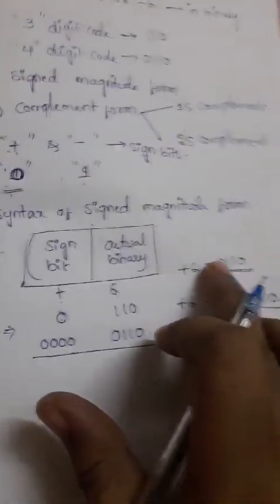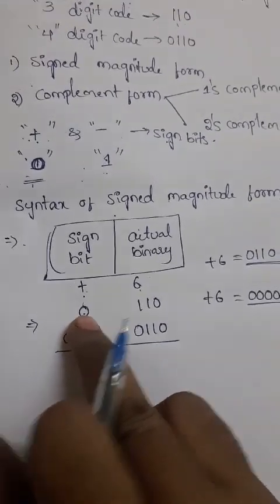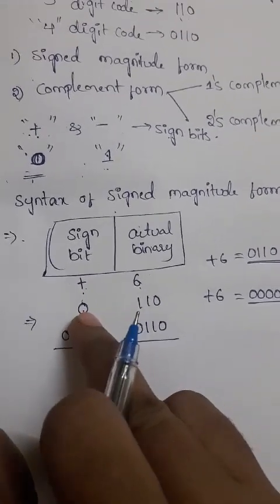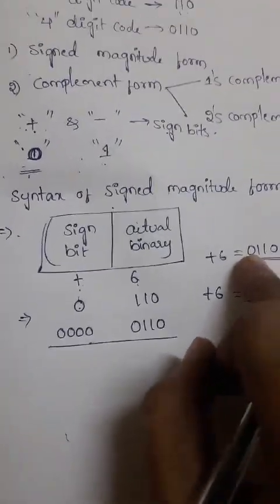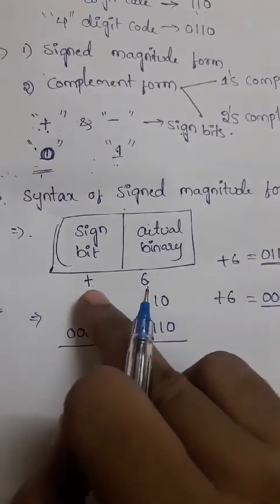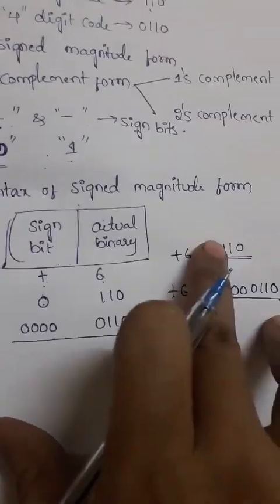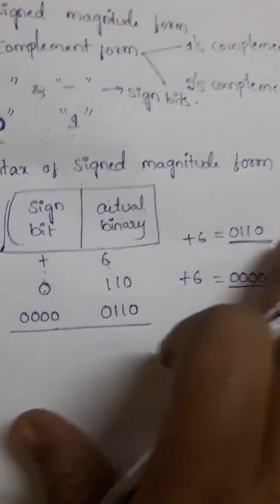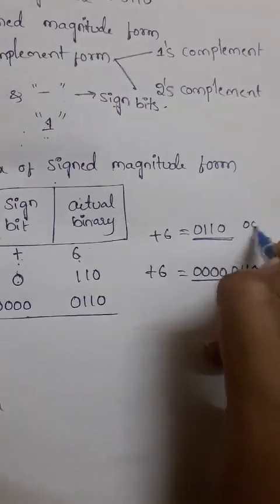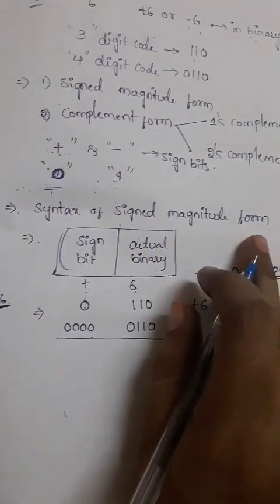In a 3-digit code we can represent it like this: in place of plus we can place only 3 zeros or just 0, no problem. You can also represent it like this: 000110. This is the plus 6 signed magnitude representation.